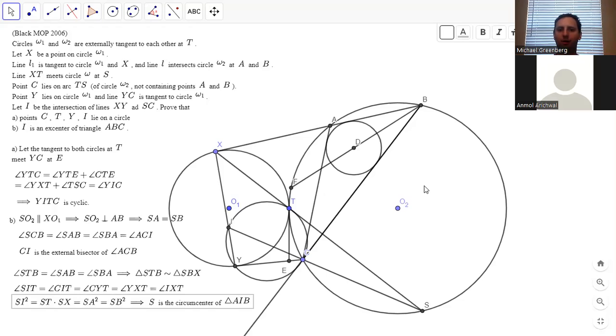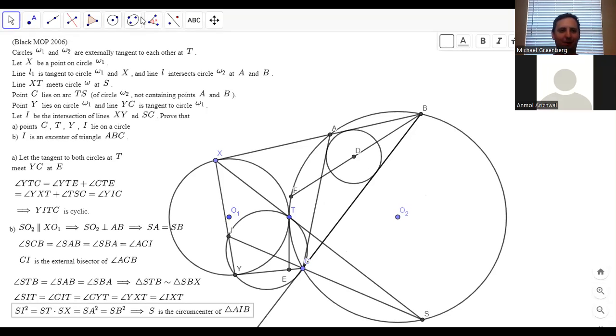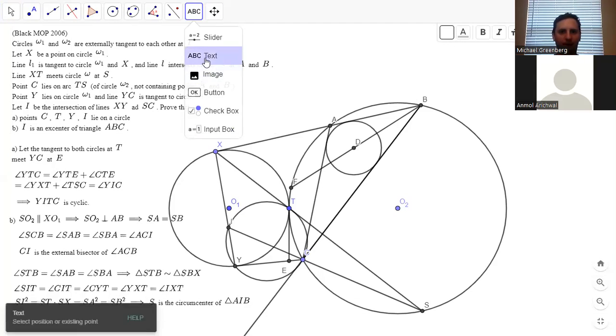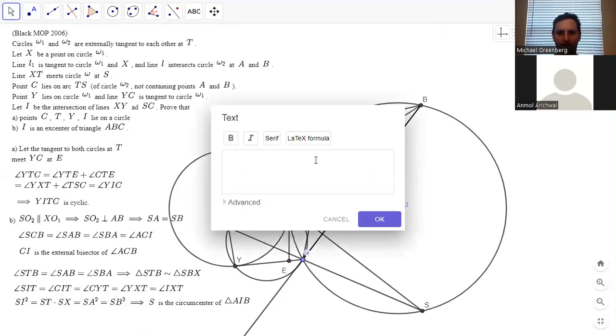Okay, interesting. I like the way you wrote that. So this basically solves the problem because we have, okay, angle ABI is twice ASI. Oh, it's the other way. Twice ABI, yes.